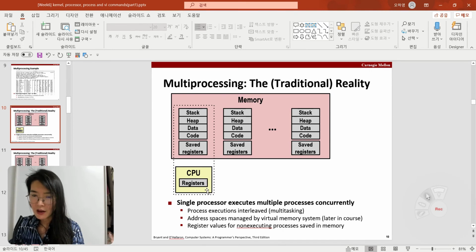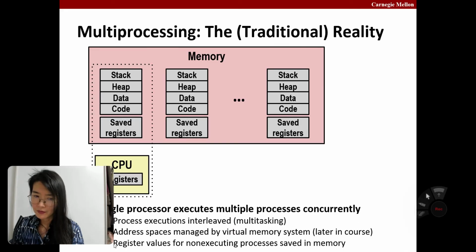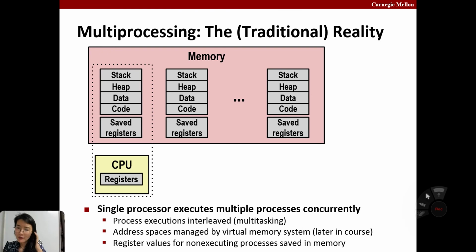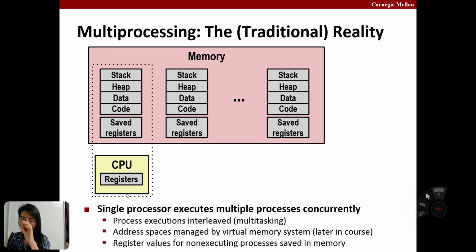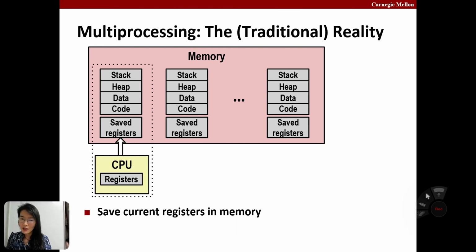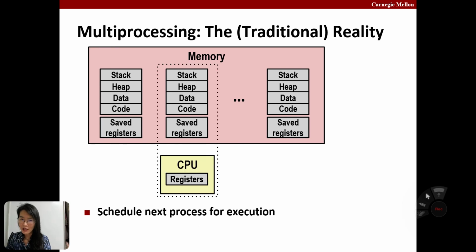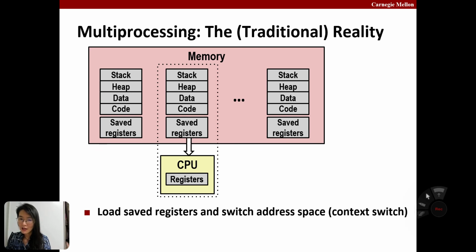So if you consider this slideshow with my lecture notes, first, the processor selects one of the processes, saves the current registers in memory, and schedules the next process for execution, loads the saved registers and switches the address space.